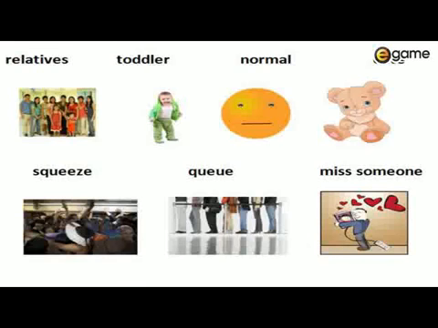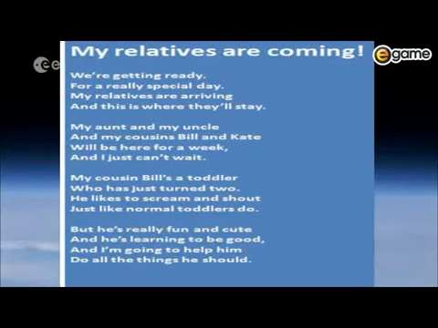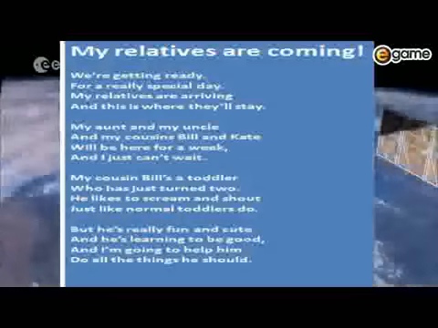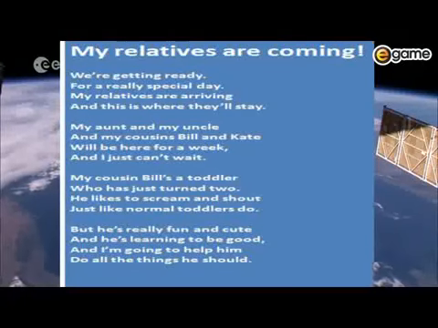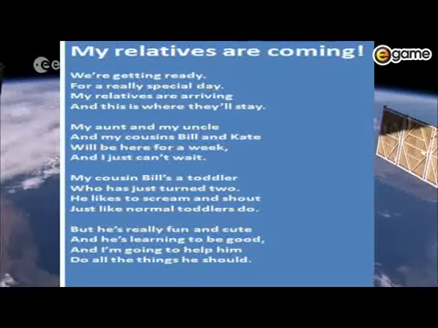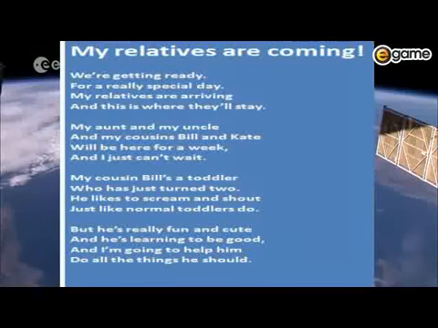So now let's read the poem. My relatives are coming. We're getting ready for a really special day. My relatives are arriving, and this is where they'll stay. My aunt and my uncle and my cousins Bill and Kate will be here for a week, and I just can't wait.